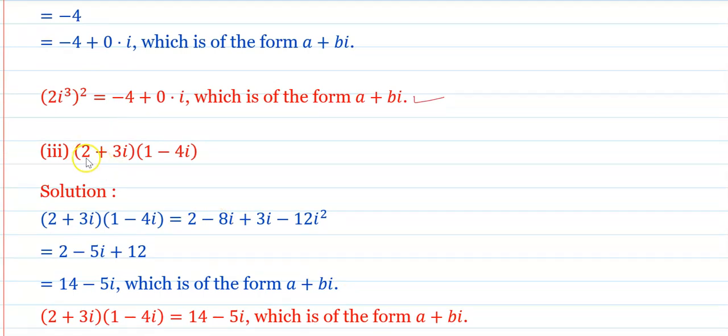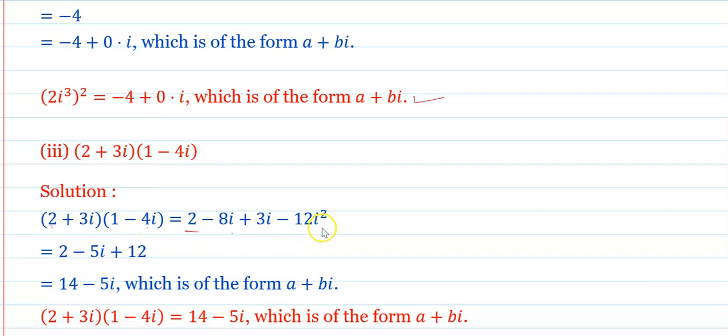Next, in bracket 2 plus 3i into in bracket 1 minus 4i, their multiplication. In the first bracket 2 plus 3i, into the second bracket 1 minus 4i. 2 into 1 you will get 2. 2 into minus 4i you will get minus 8i. Next 3i into 1 you will get 3i. 3i into minus 4i you will get minus 12i square.